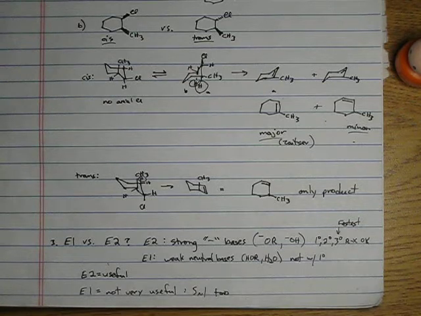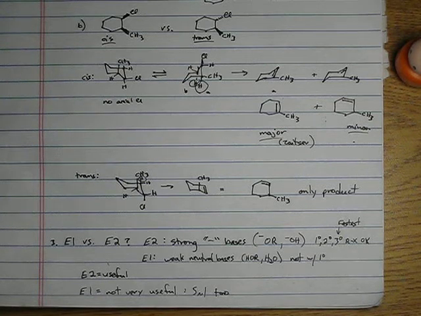You're starting with the same substrate, you're doing elimination, you will get the same product either way. The issue is, though, that if you run it via the E1 mechanism, you're also going to get SN1 products too. Whereas if you use a strong base and run E2 mechanism, then you're only going to get the elimination product.